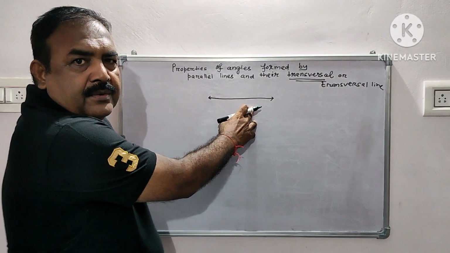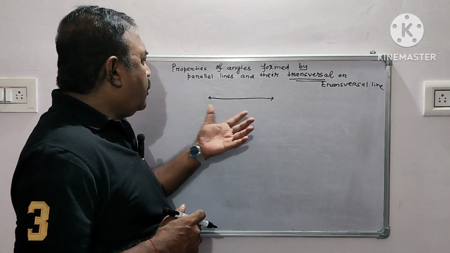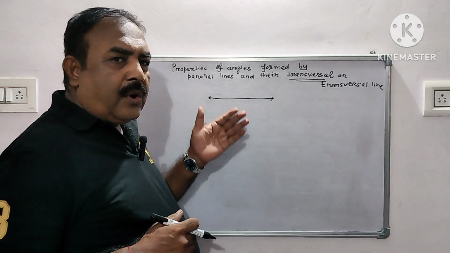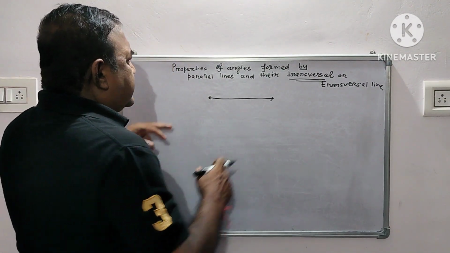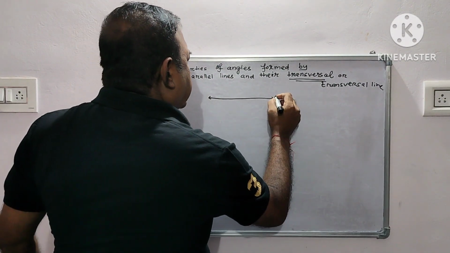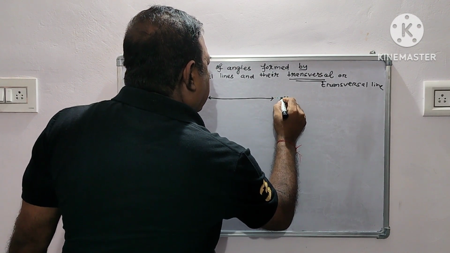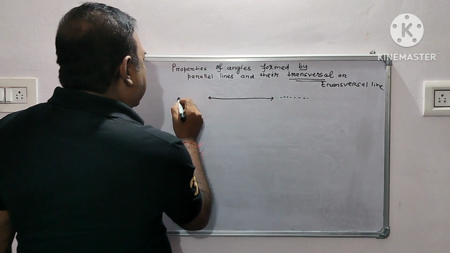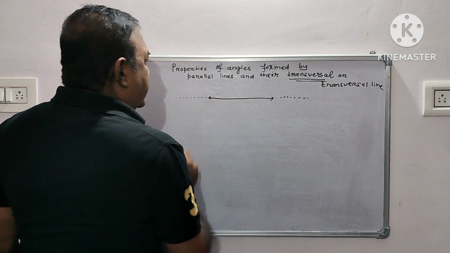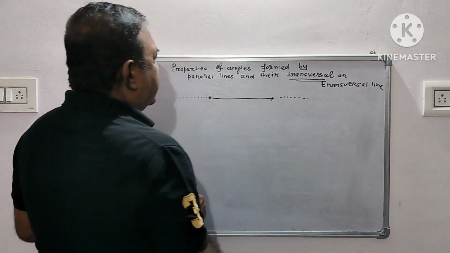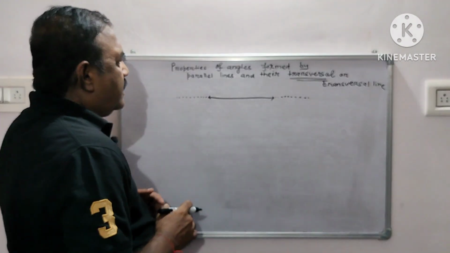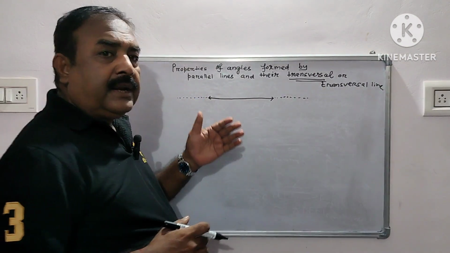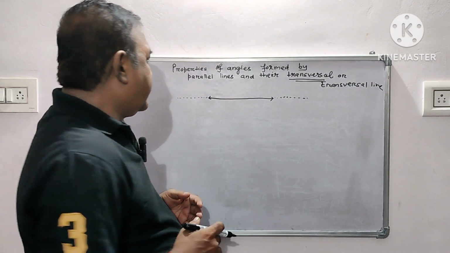All of you know, we cannot draw a line because it is extended in both the directions. It is still moving in both the directions. So we cannot draw, but we can represent a line.